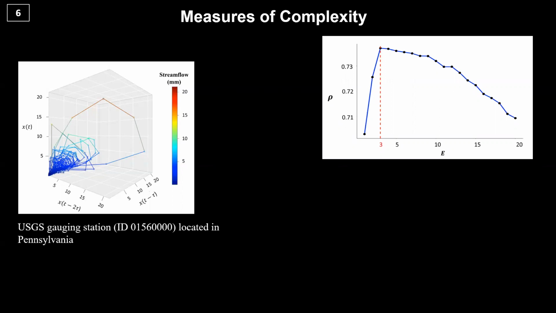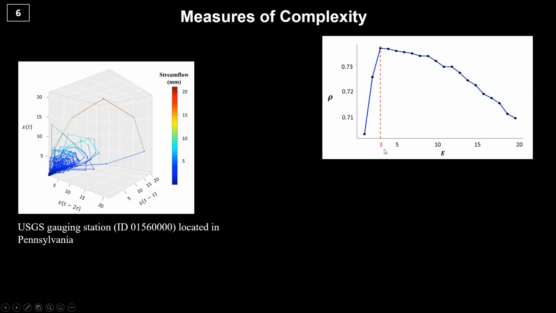And this is what is denoted by E in the horizontal axis here. And then for each dimension, we look at the value of forecasts, and we try to identify the value of E that maximizes the forecast.